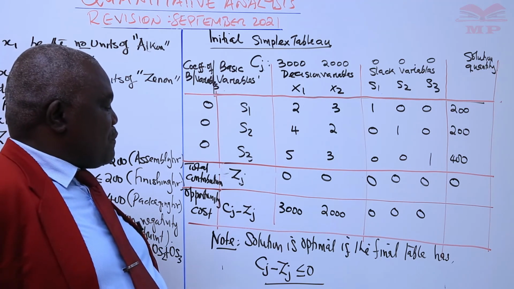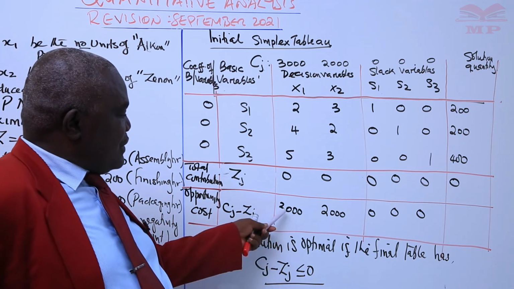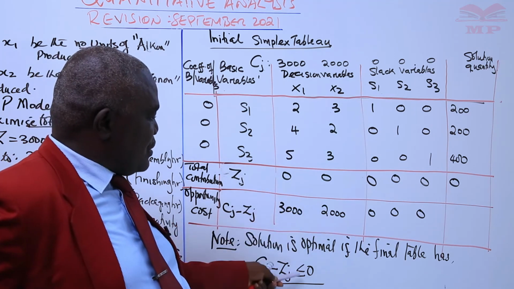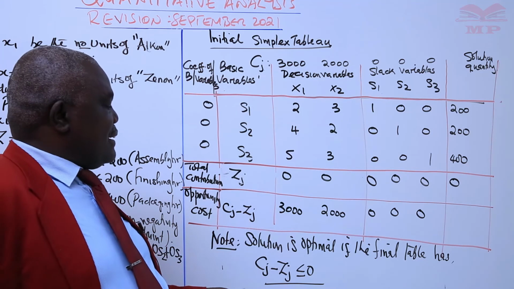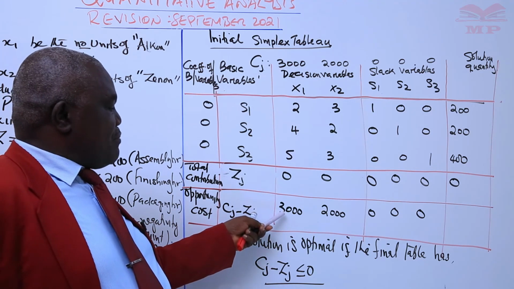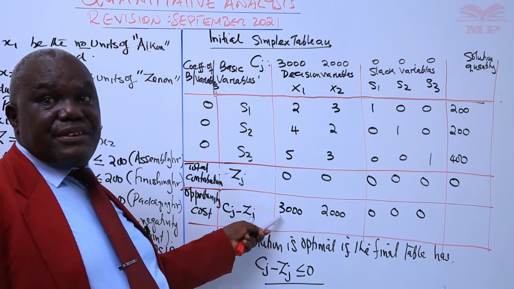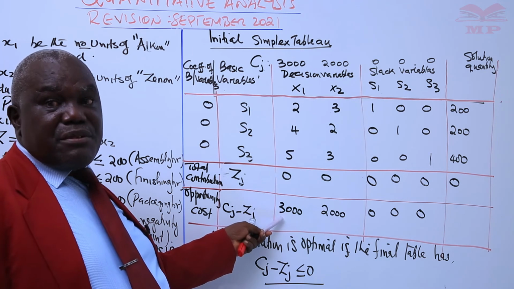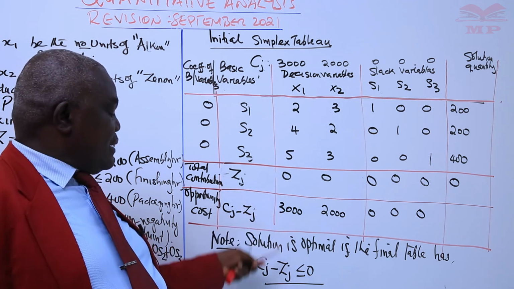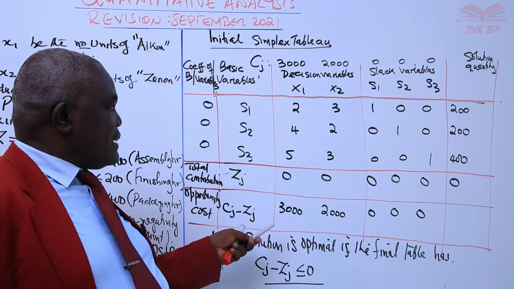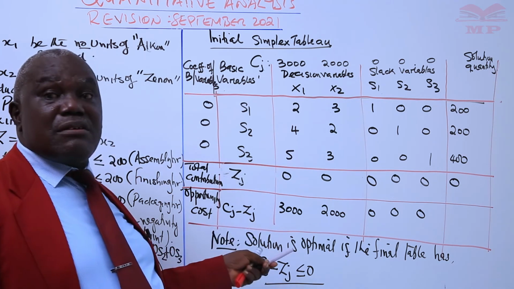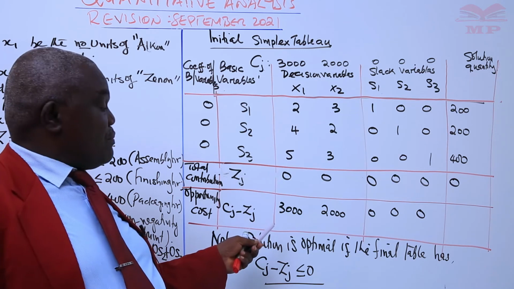Then what do we do? Because these values are non-zeros, they are very big. Then we identify the largest positive value under Cj minus Zj and pick it as what we call the pivot column.